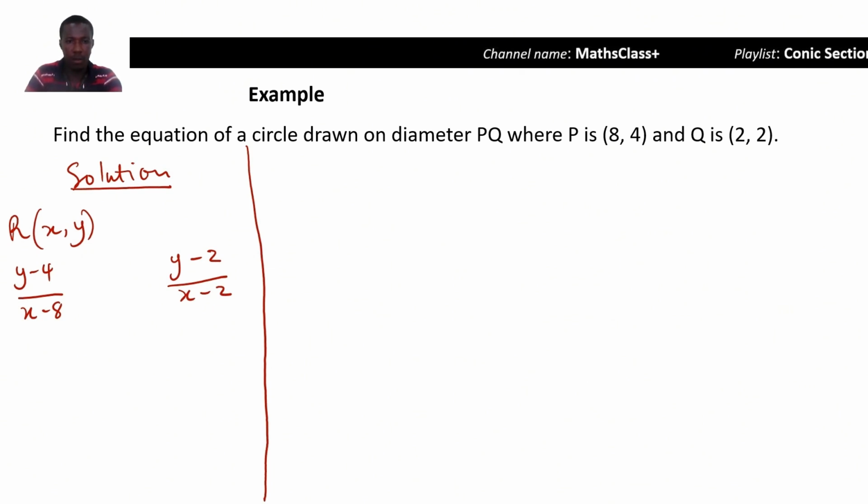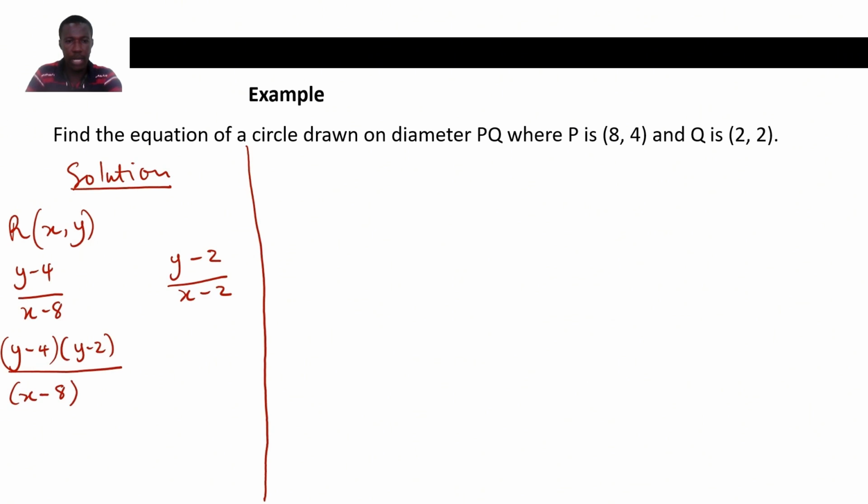So we have (y minus 4) multiplying (y minus 2) divided by (x minus 8) multiplying (x minus 2). And this should give us -1.